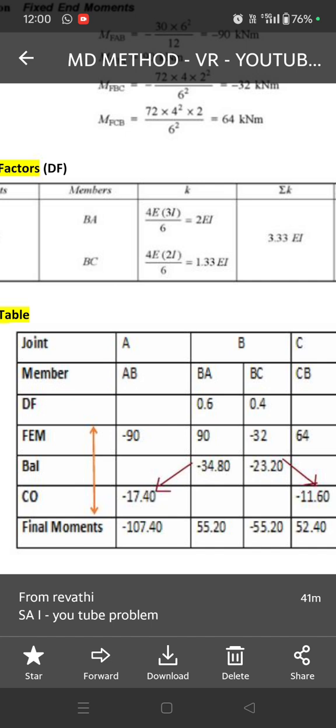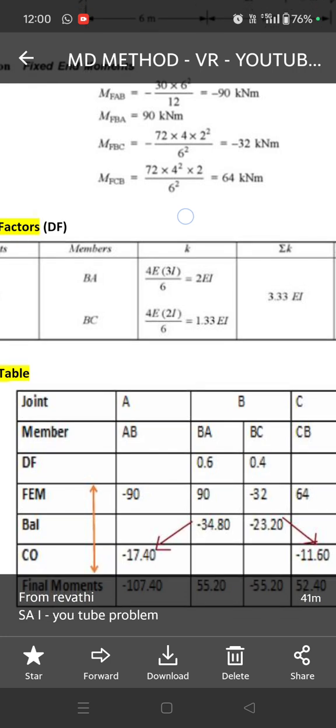When the far end is fixed in a particular span, 4EI by L can be used. When the far end is hinged or roller, we can use 3EI by L. So when we take BA, B is the near end and A is the far end.